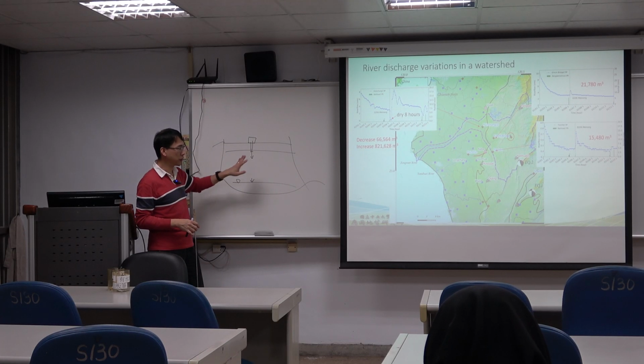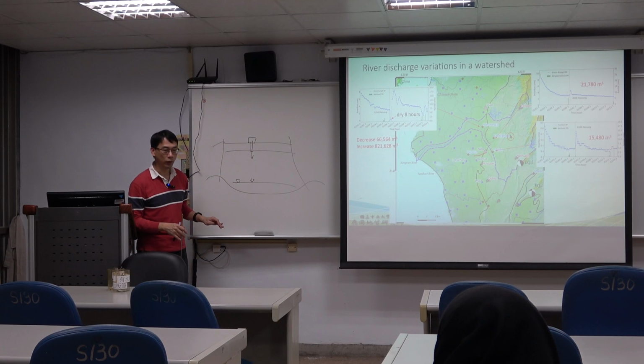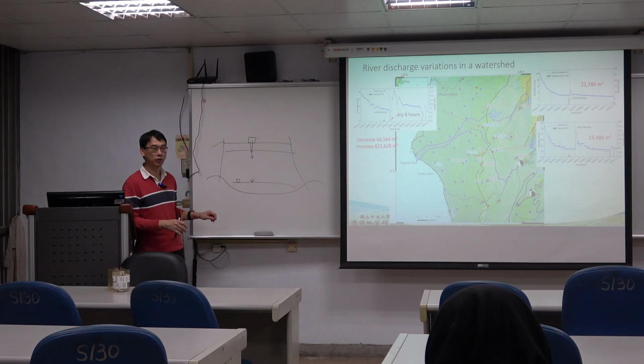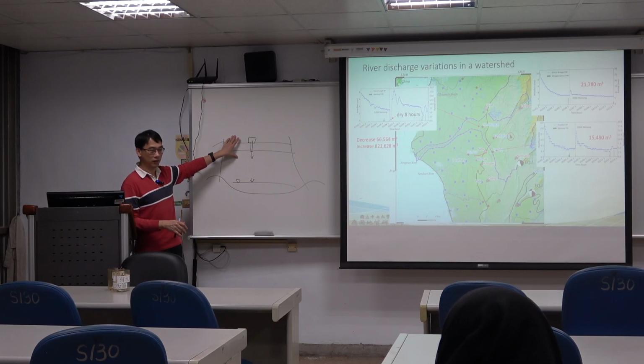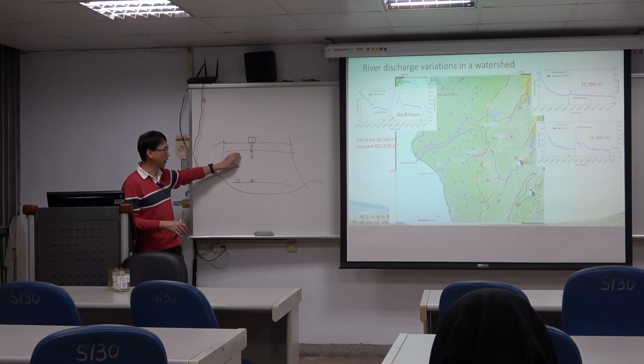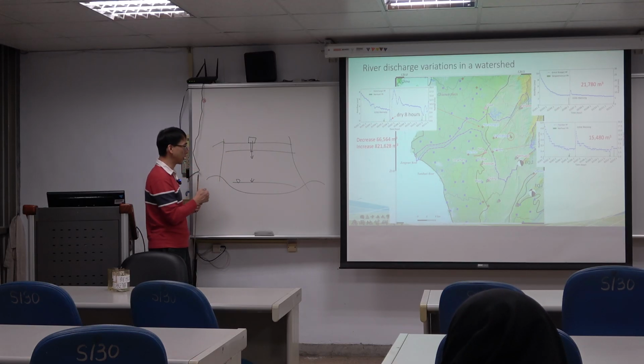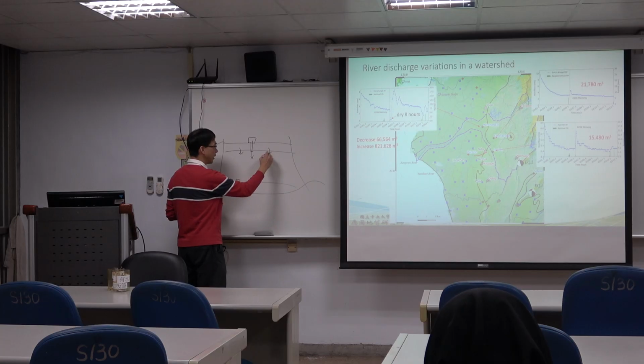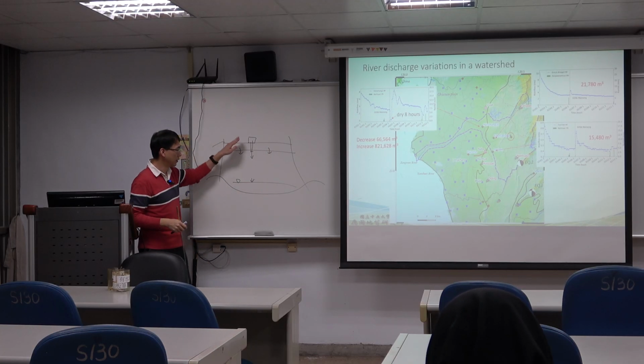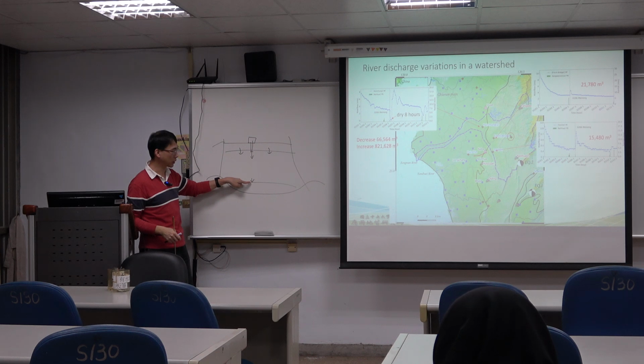So if you know this, when an earthquake happens, you need to be careful. For example, your bridge might be damaged. If your bridge is damaged, it becomes declined, this one moving down. That means this system will observe the ground level uplift, the surface water uplift.